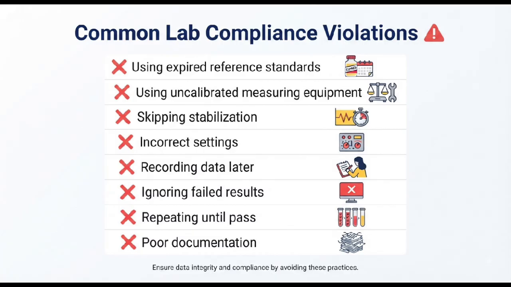Recording observations later instead of contemporaneously. Number 6. Ignoring a failed result. Number 7. Repeating a test simply until a passing value is obtained without following the investigation procedure. And number 8. Incomplete documentation. These practices can seriously affect confidence in the calibration record.